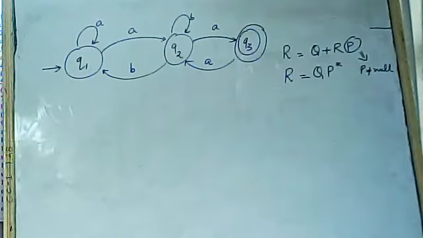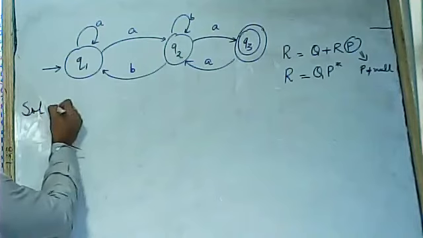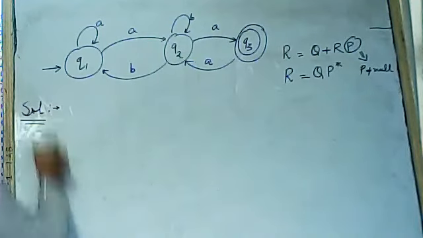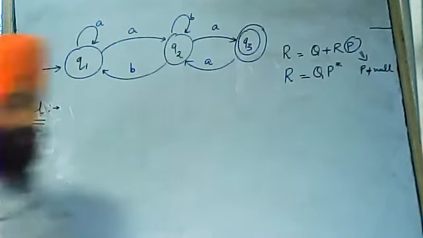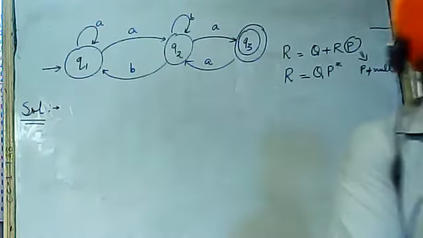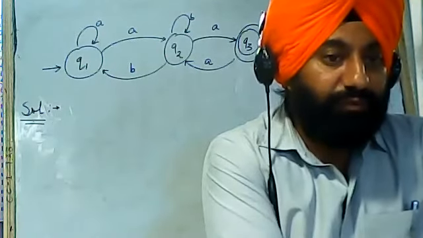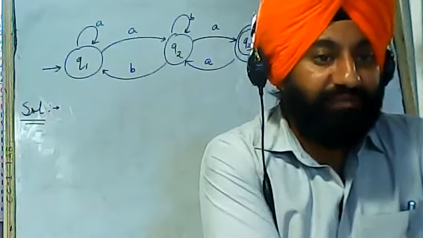So this diagram is given to you. Now you have to find out the regular expression. First of all, you will write as many equations as the number of states given to you.